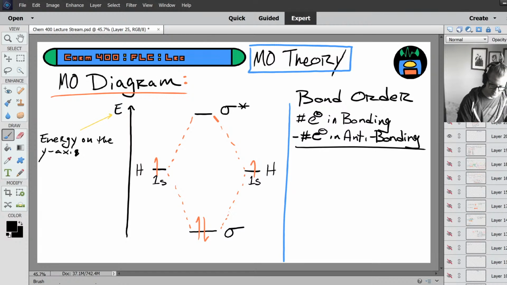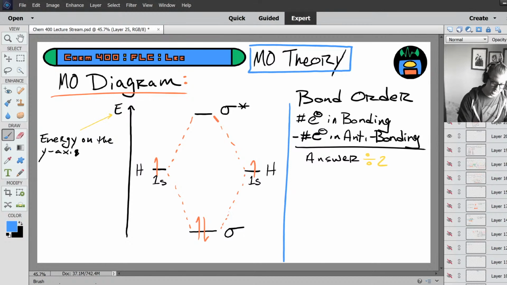You take that difference and then you divide whatever that answer is by 2, and that's your bond order.